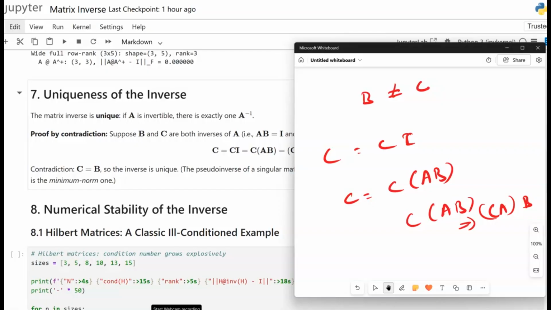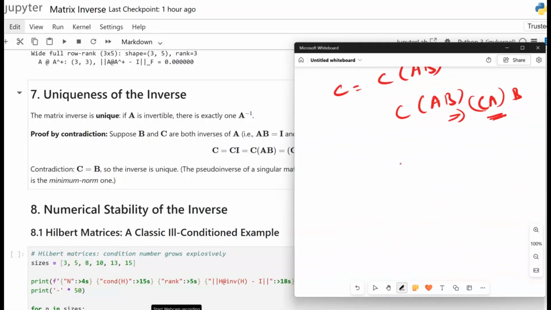Now look carefully. What is CA? Since C is the inverse of A, we know CA equals I. Remember, an inverse satisfies both AC equals I and CA equals I. So we replace CA with the identity matrix, and it becomes IB.